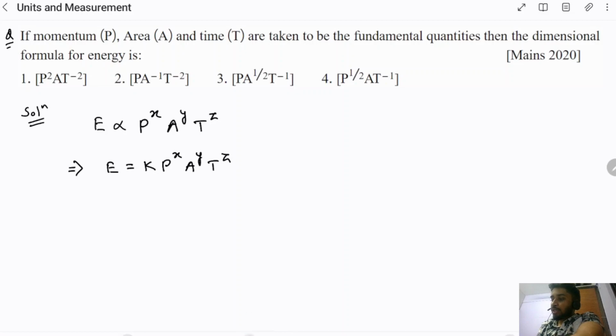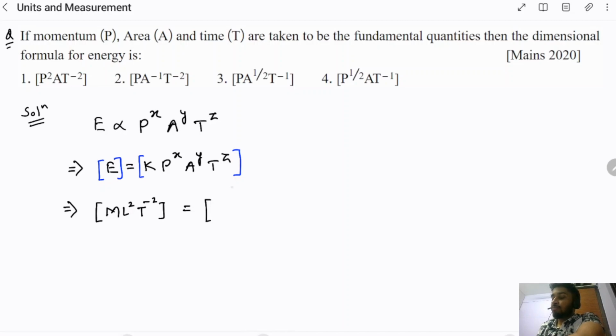Now let us equate the dimensions on both sides. E is energy. The dimensional formula for energy is M L square T minus 2. K is dimensionless. P here is momentum.